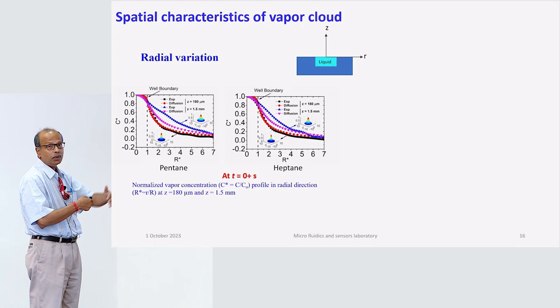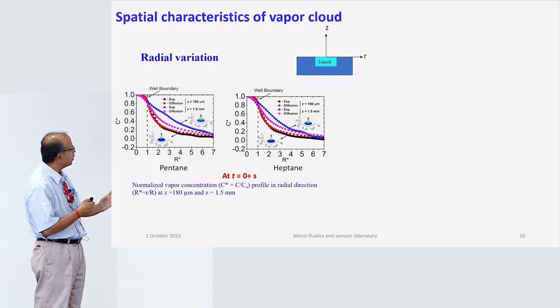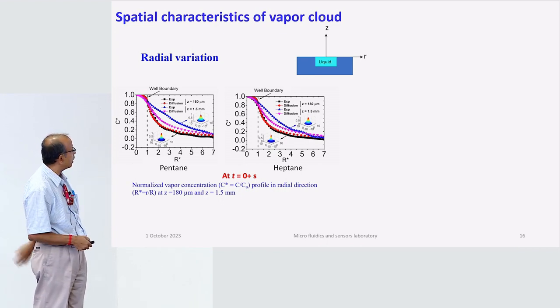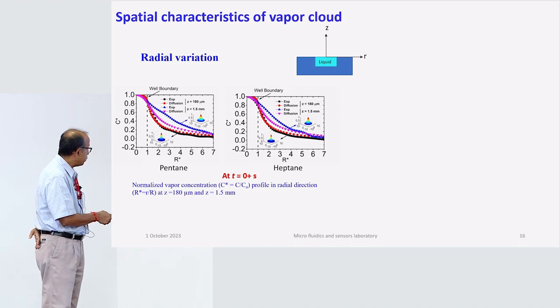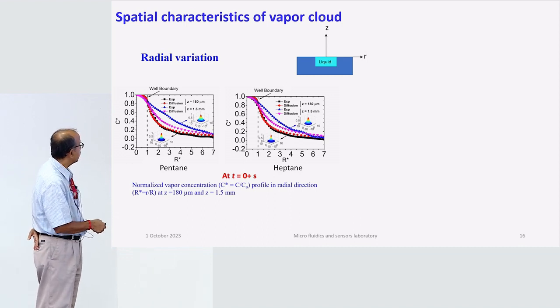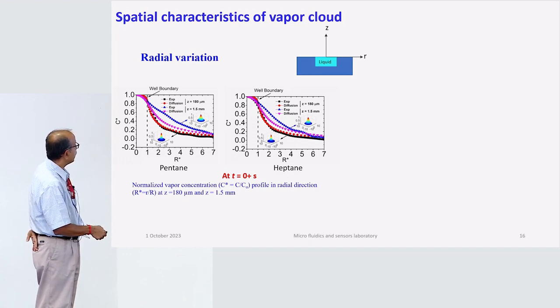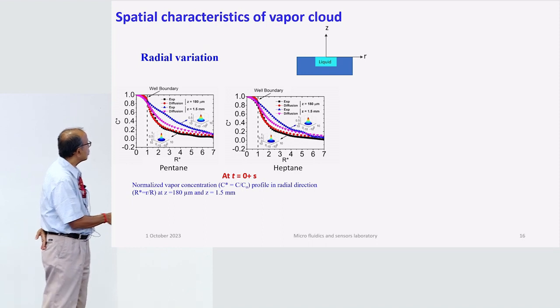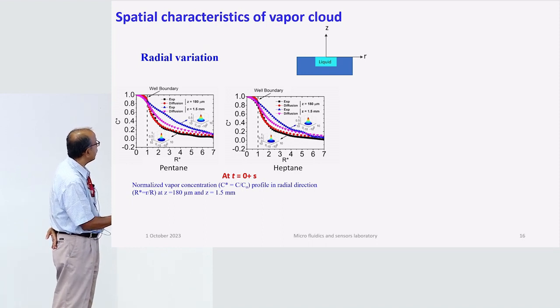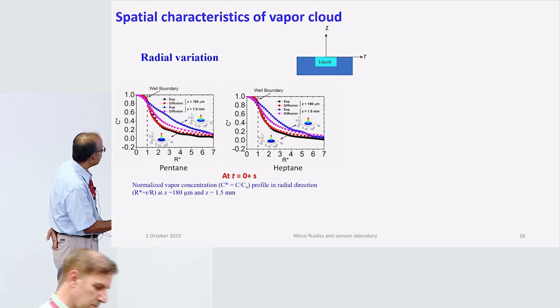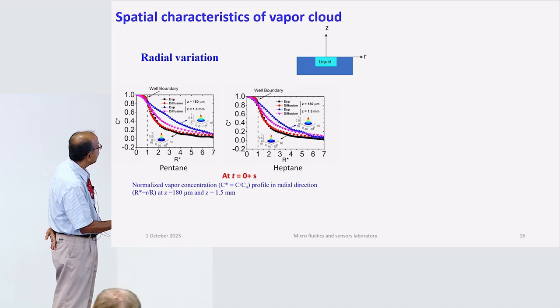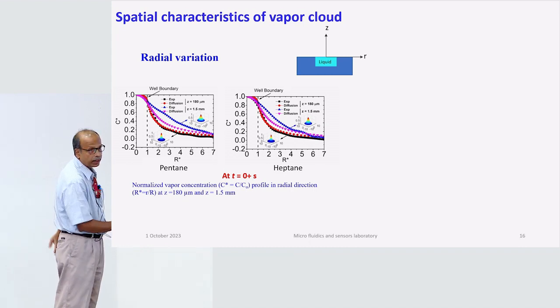we had taken so much effort to find the concentration distribution in the vapor cloud, and I will show you here the concentration distribution in the radial direction, plotted for pentane. This one is experimental, and this one is from the diffusion limited calculation, at two different heights.